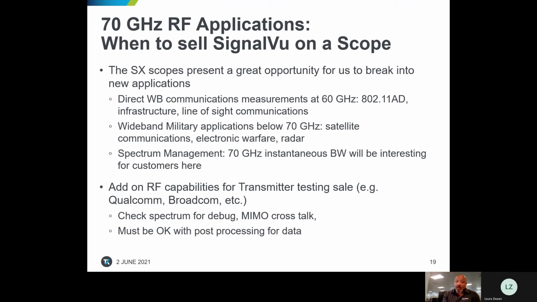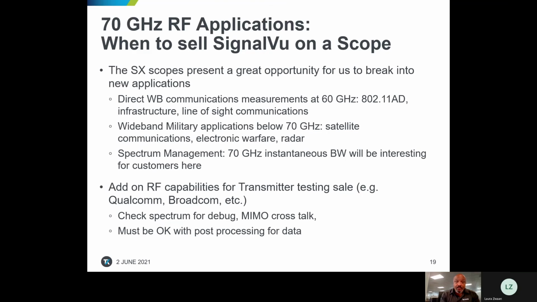communications. Wideband military applications below 70 gigahertz, provided the appropriate gain structure is put in front of it, can be investigated with the DPO 70K series SX scope, as well as investigating spectral management for signals that occupy in and around 70 gigahertz.